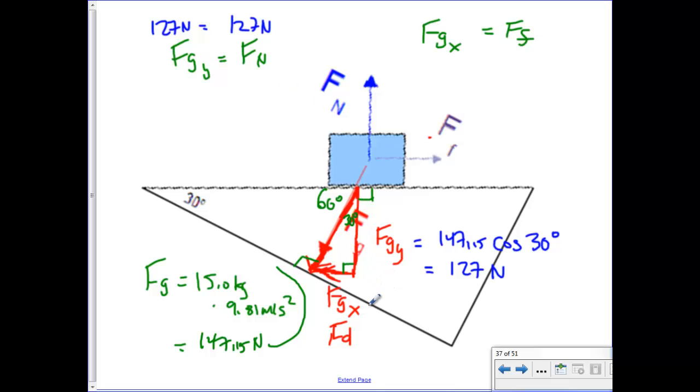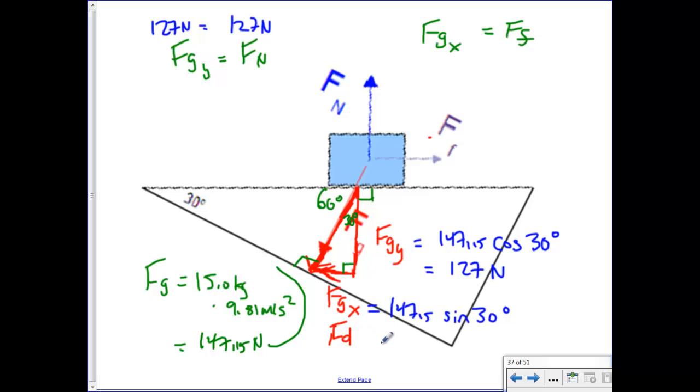That doesn't actually solve my question though. So if I want to find the FG in the x direction, it would now be 147.15 sine of 30 because we're looking for the opposite.